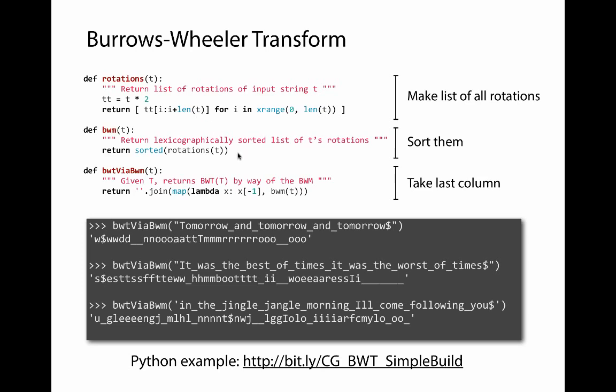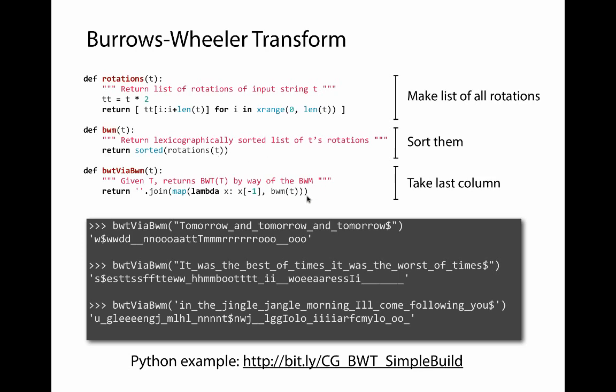The second function takes a string t and returns the Burrows-Wheeler matrix for t, which, remember, was just all of the rotations of t in sorted order. So all this really does is return Python sorted of rotations of t.